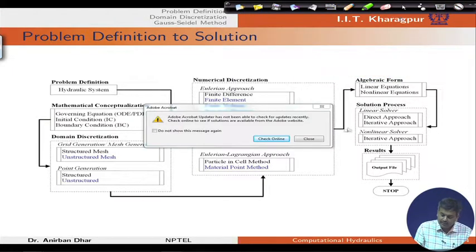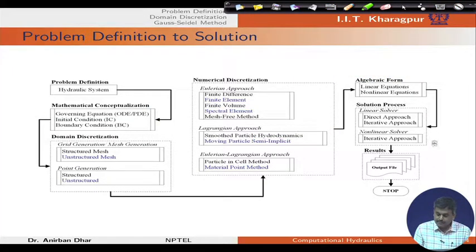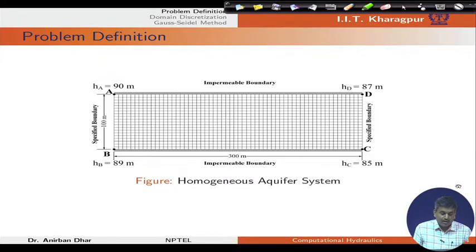So, let us see with the concepts that we have already covered. Let us define this problem. This is a homogeneous isotropic aquifer system. In case of a homogeneous isotropic aquifer system, obviously the differential equation will be the Laplace equation.